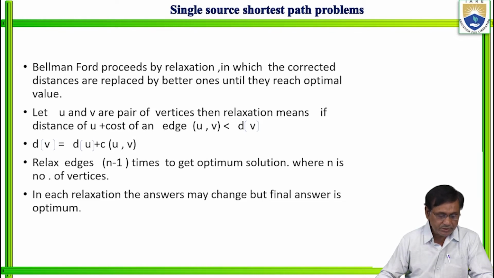We have to relax the edges n-1 times to get the optimum solution, where n is the number of vertices. In each relaxation, the answer may change, but the final answer will be the optimum.